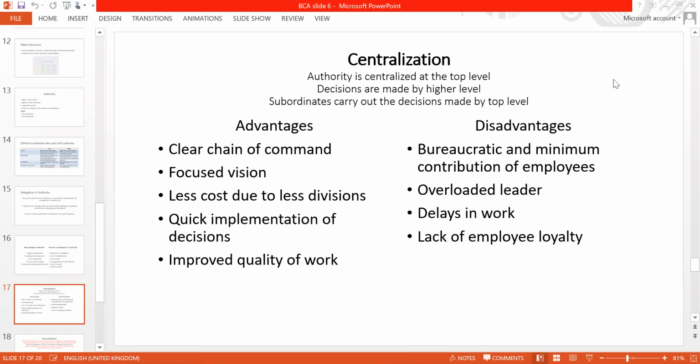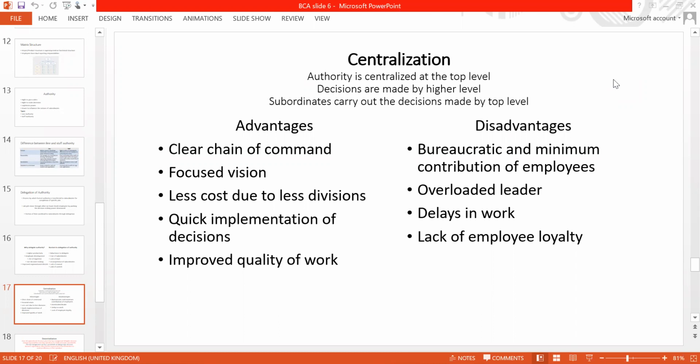But once the decision has to be implemented, it gets implemented faster, because the top level takes the decision and the lower level's only job is to implement it. So implementation is faster in centralized, because the direction comes from the top and it gets implemented at the lower level.